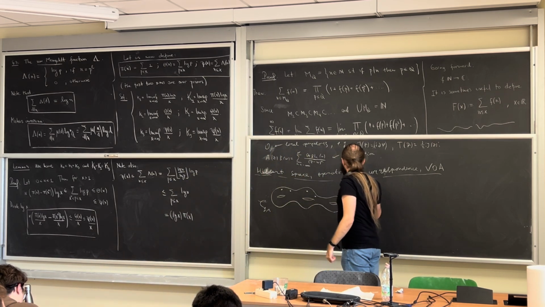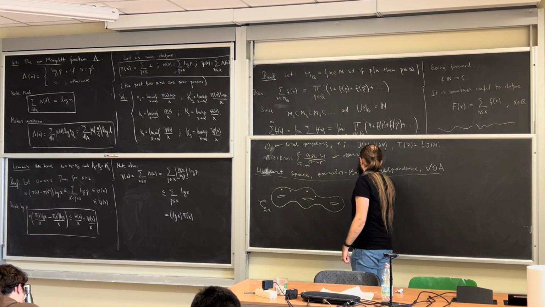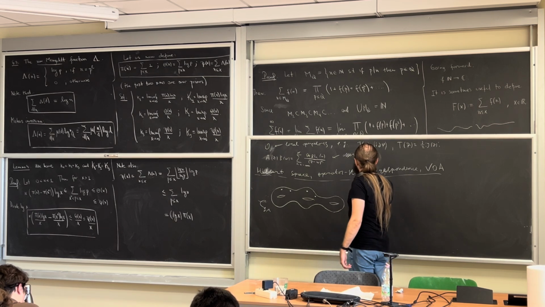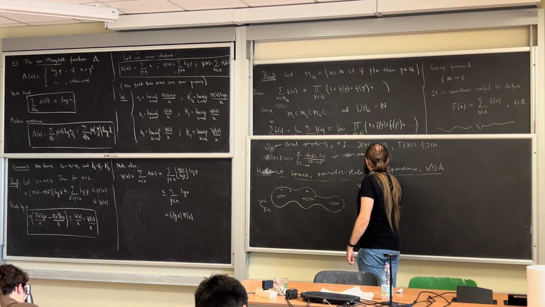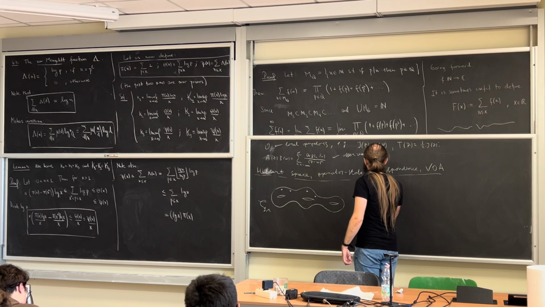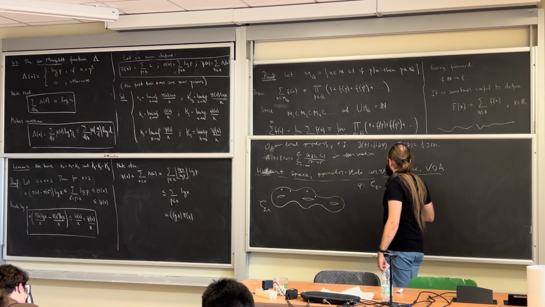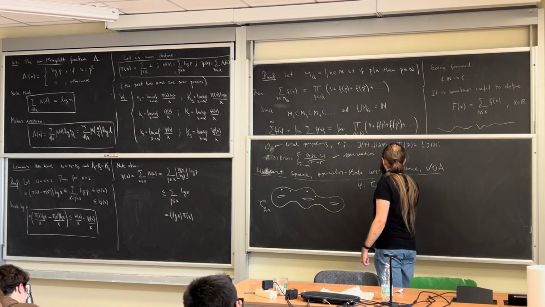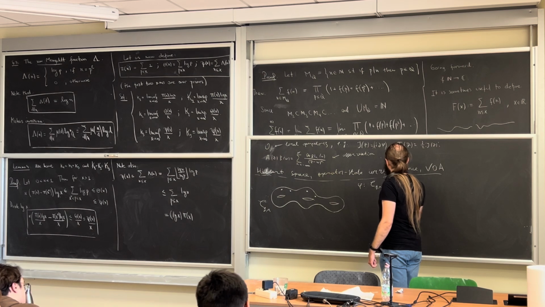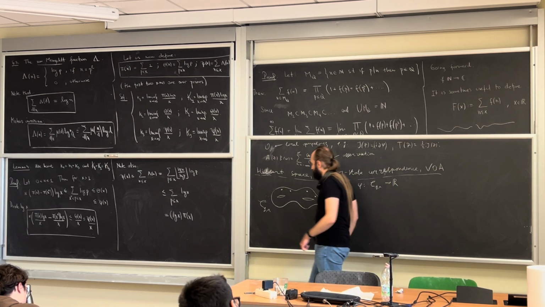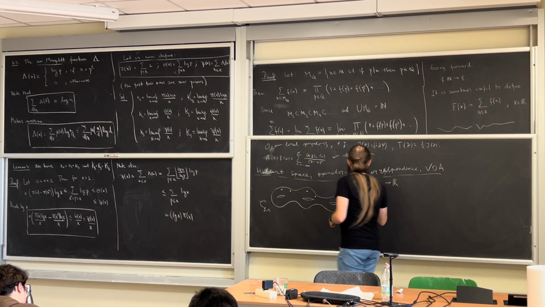So there is our bosonic field, which is a function from this Riemann surface to real numbers.